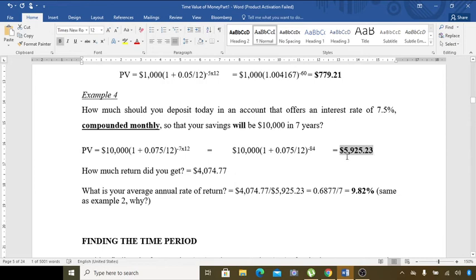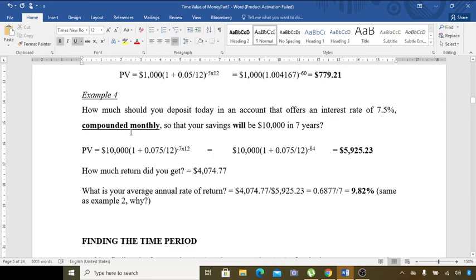This 5,925.23 should be your initial investment, how much you should put in today in order for you to get 10,000 in 7 years' time at this interest rate, which is 7.5% compounded monthly.